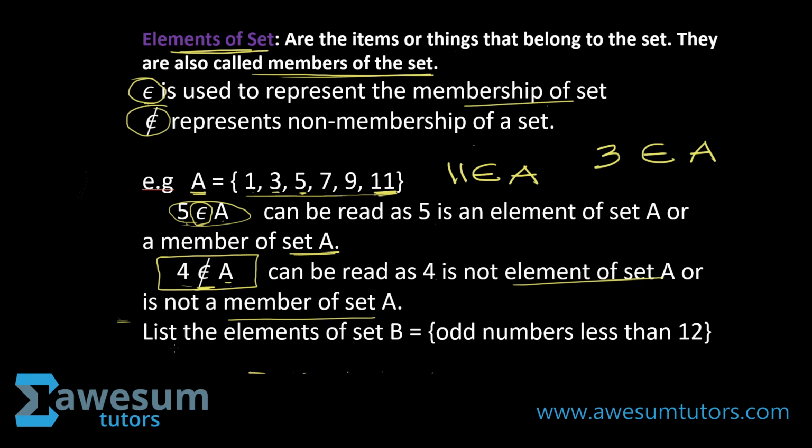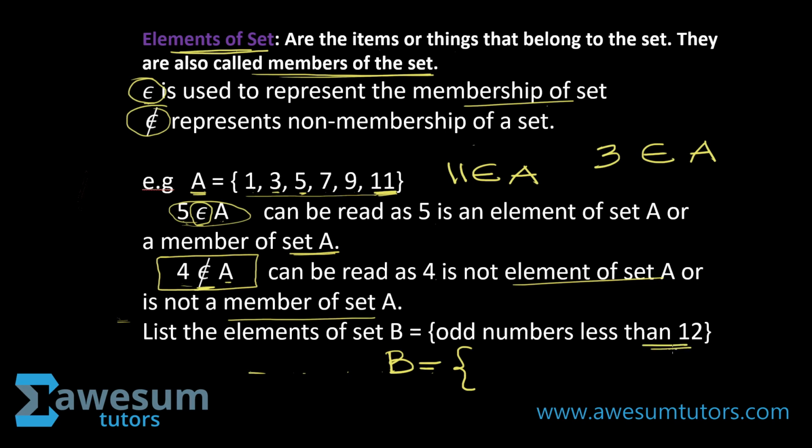Okay, what about if we have this type of question right here? It says list the elements of set B. Let's take this as an example. Remember, you need to put your braces. Set B, you have been told that it is odd numbers less than 12. What are odd numbers?